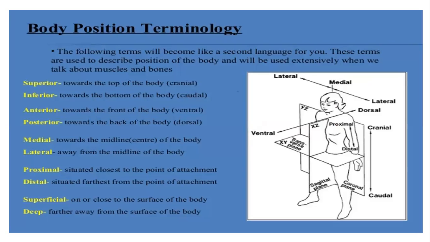These terms basically describe the position of the body, and the position of the body when we move. And it talks about where the muscles and bones are located. With some of these, you're going to hear multiple terms used.